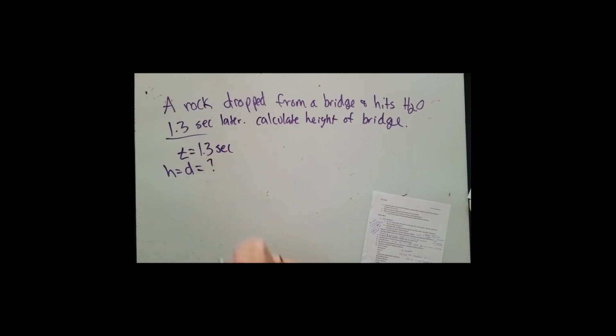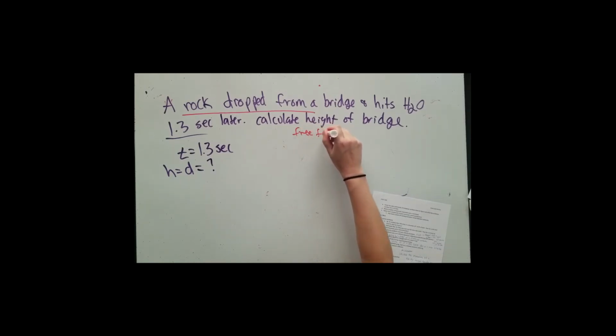Now this doesn't seem like enough information to solve the problem, so there's something else I need to recognize from this word problem, and that is that the rock was dropped. So remember, if anything's dropped or falls or jumps from a height, a distance, that's a free fall problem.